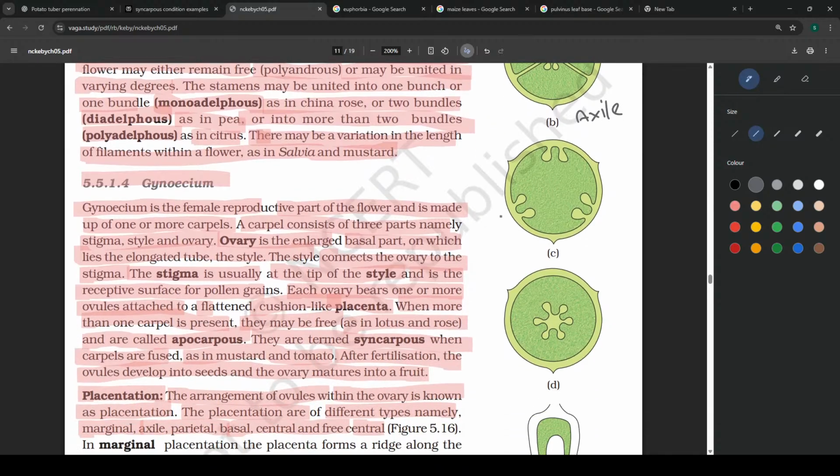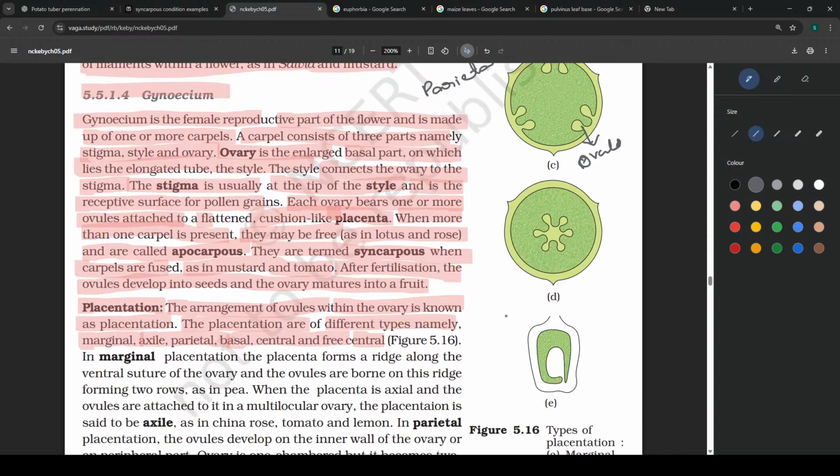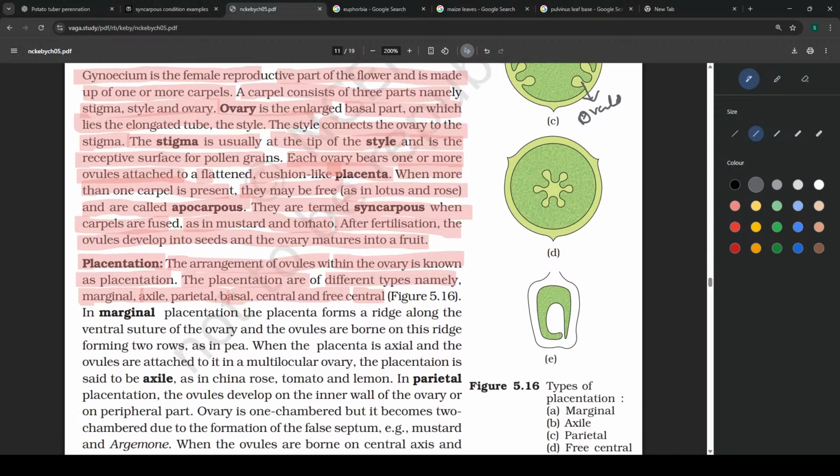Next one is this one. This is the parietal placentation. Next one, this one, all the ovules are arranged at the center. This is called free central placentation.